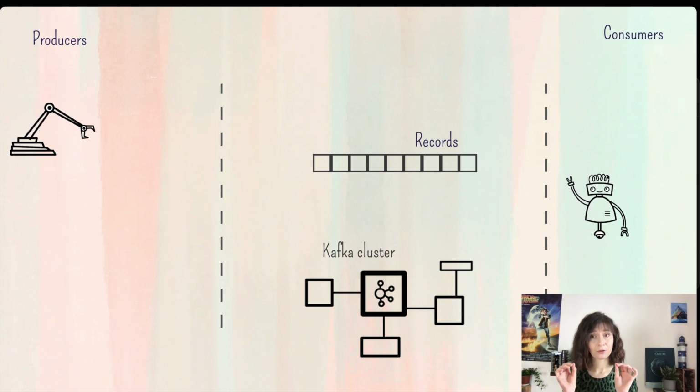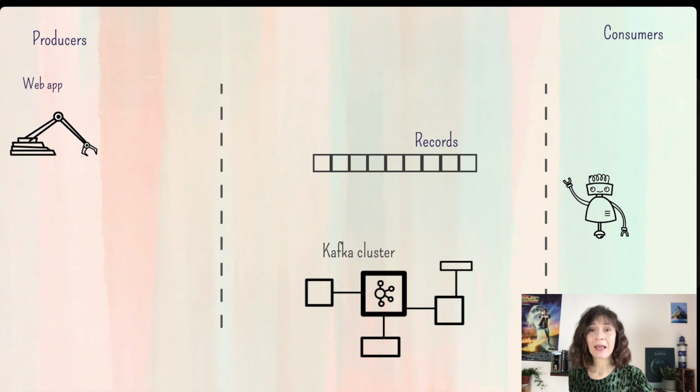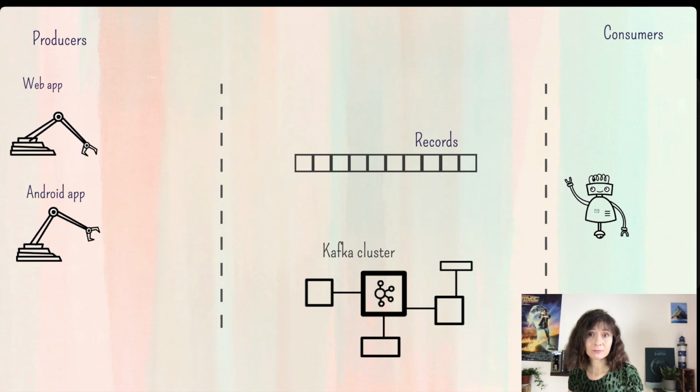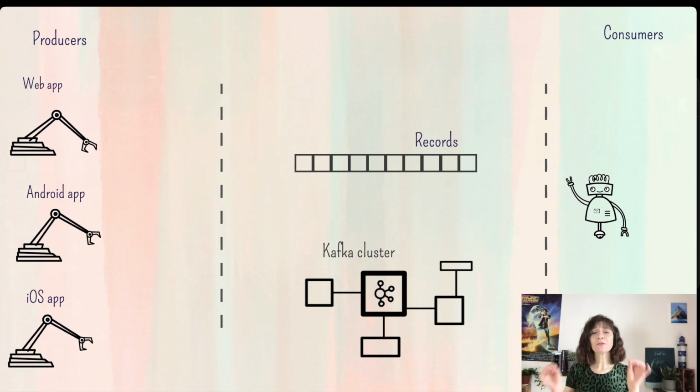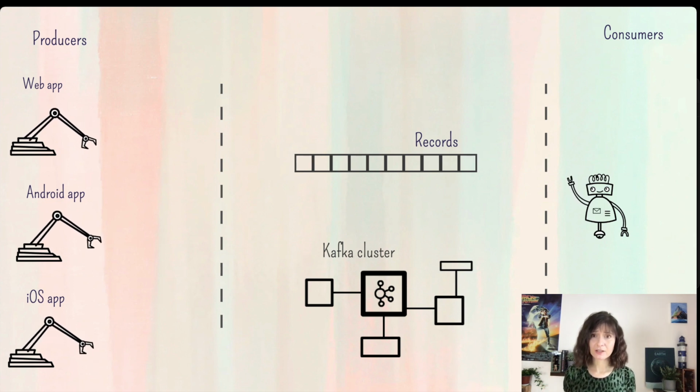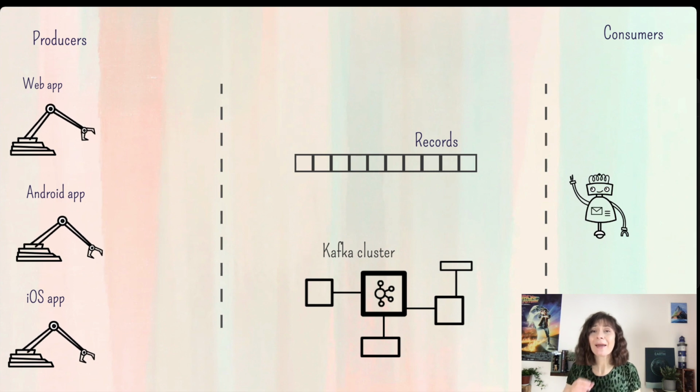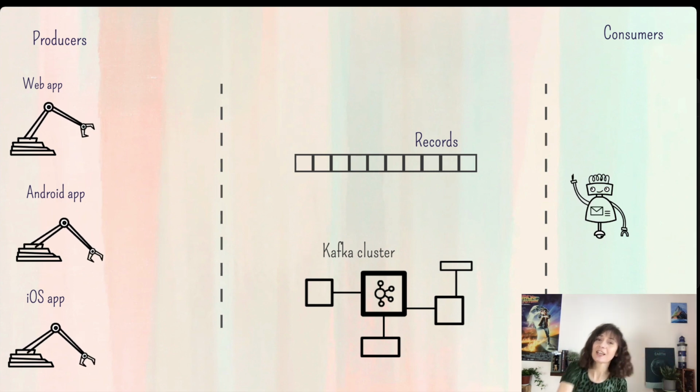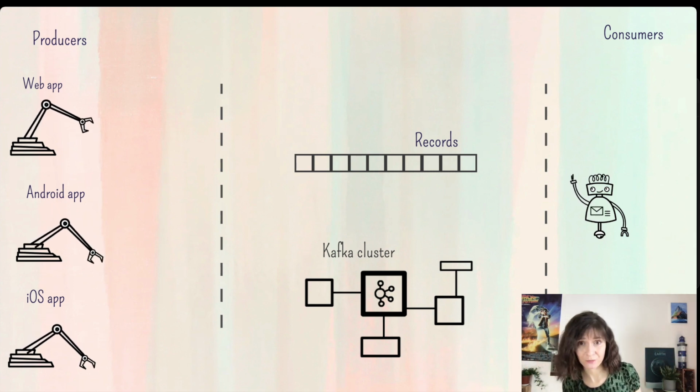Again, consumers are the modules you write and control. You can have as many producers and consumers as you need. In our example, the producers can be part of the front-end applications, web and mobile apps, observing user actions, packaging that information and sending events to the cluster.